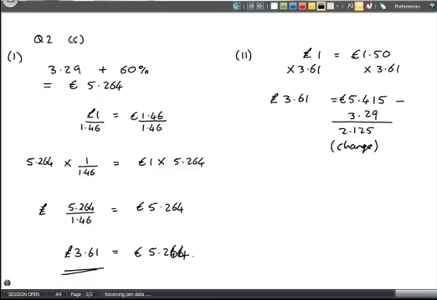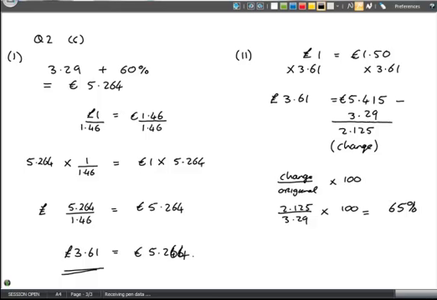Now that I know the change, I can say change over original times 100. The change is 2.125 divided by the original. He's still paying 3.29. Multiply by 100, and when rounded you're going to get 65%.